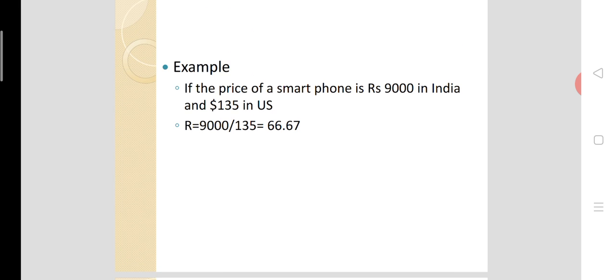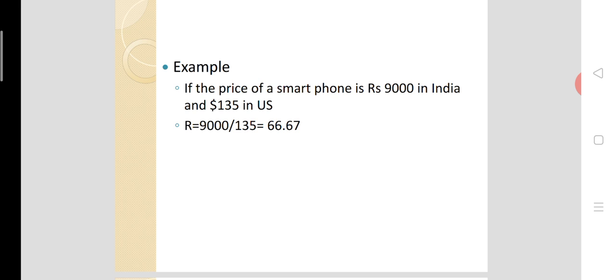So let's look at an example of a smartphone. A smartphone is priced at 9,000 rupees in India, and the same brand of mobile phone is priced at $135 in the United States. So 9,000 by 135 is the equation.